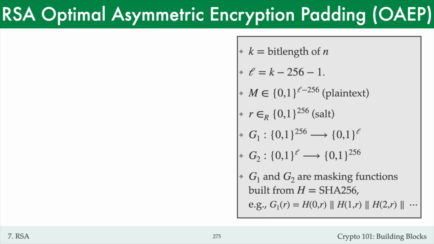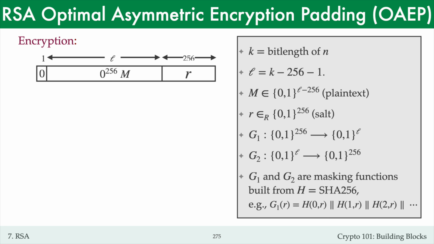For instance, G1 of R could be defined to be the hash of 0 appended to R, concatenated with the hash of a 1 appended to R, concatenated with the hash of 2 appended to R, and so on. One would continue hashing the counter with R until you get a total of L bits. The rationale is that since SHA-256 behaves like a random function, we can treat the output of G1 as a random bit string. Similarly, G2 of R could be defined to be the SHA-256 hash of R.